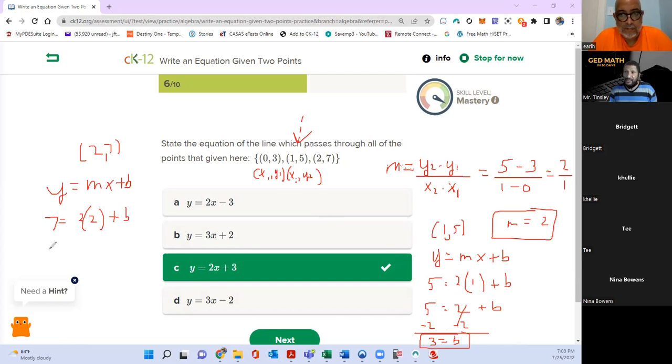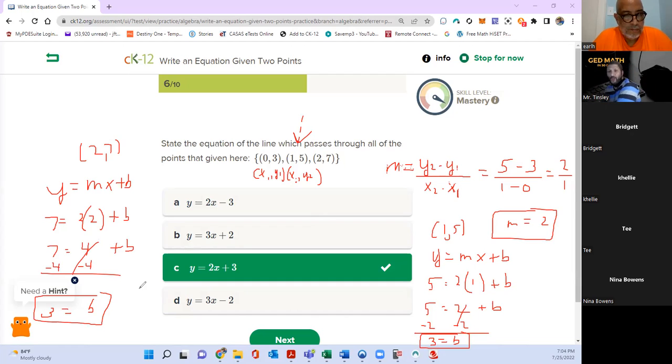Doesn't matter what point. 7 equals 2 times 2 is 4 plus b. In order to get the b by itself, I must get rid of the 4. Subtract 4 from both sides. 7 minus 4 is 3. Bring down my equal. The 4's cancel. Bring down my b. My y-intercept is 3. It doesn't matter which point you use.